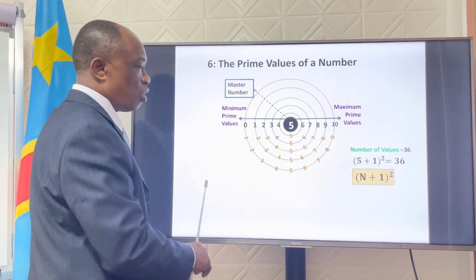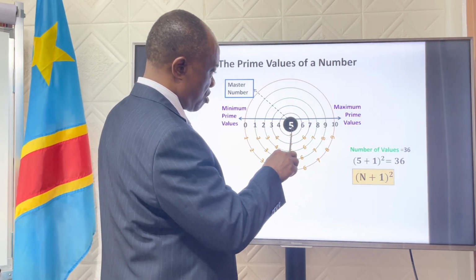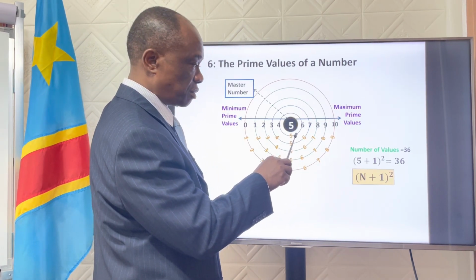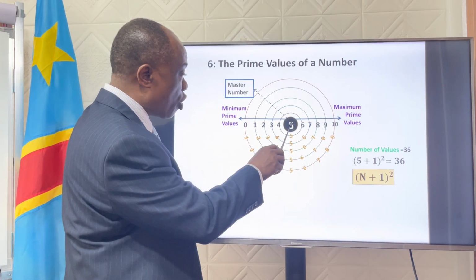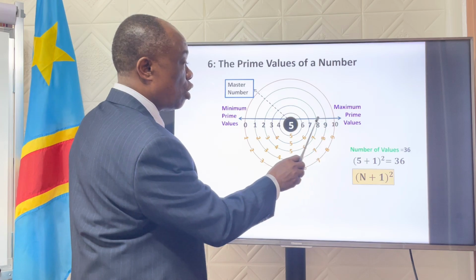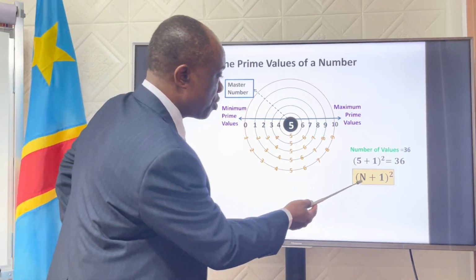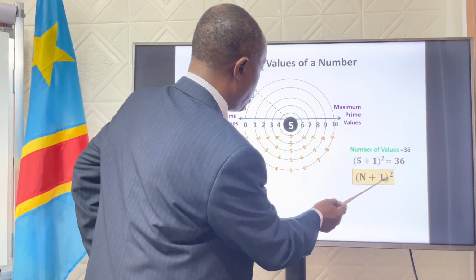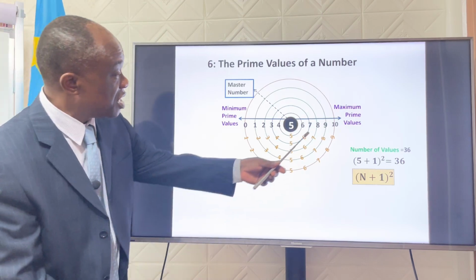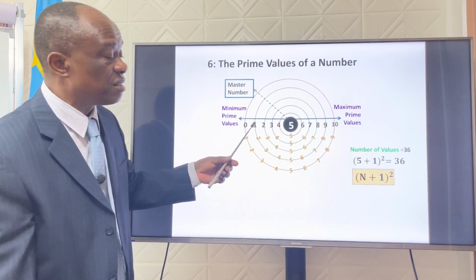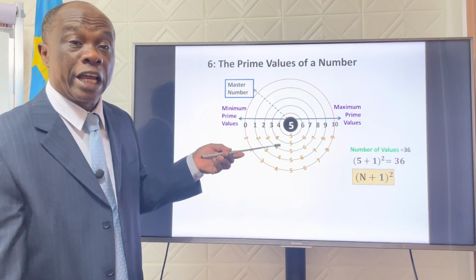So here, what we are interested in is number 5. When it vibrates, it can occupy all these locations. So how many locations do we have for number 5? Here, 36. The 36 values here represent the locations of number 5.